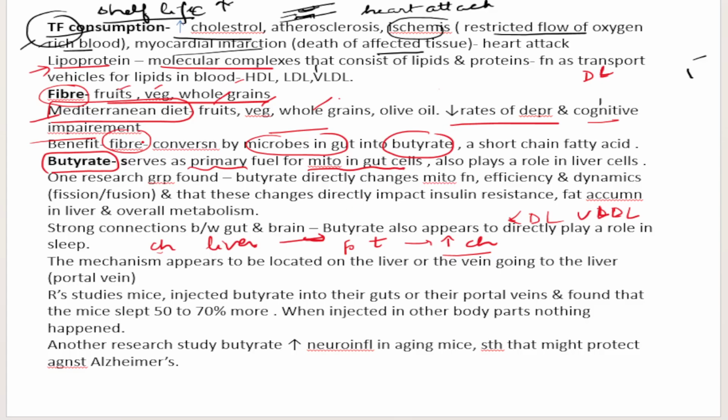So this butyrate has a beneficial effect on the mitochondria in gut cells, and it also plays a role in liver cells. So butyrate is beneficial for mitochondria. So fiber is converted by the gut microbes into butyrate. Now this butyrate is a saturated fat also, and it is a short chain fatty acid.